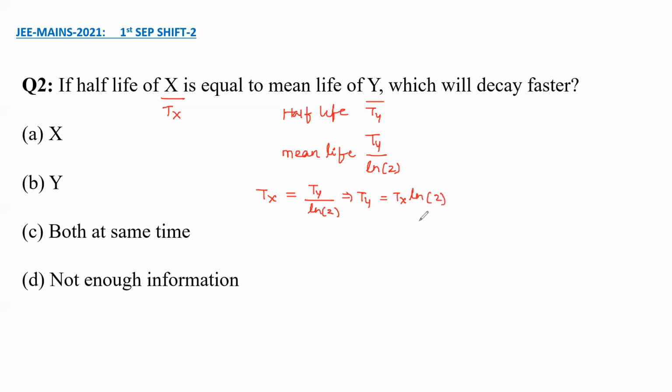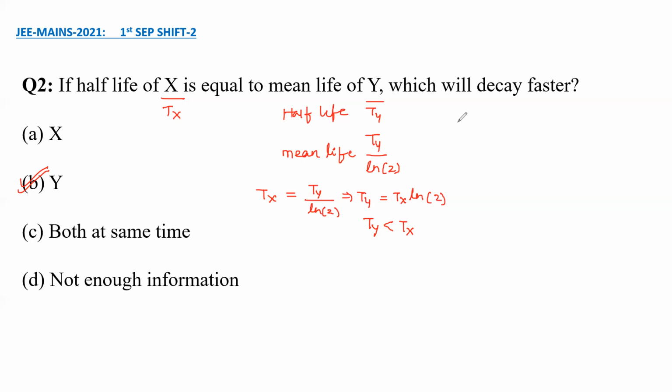ln 2, as you know, is less than 1. So the half-life of Y is less than half-life of X, which means that Y decays faster, because Y can become half in a smaller time compared to X. So that way Y should be the answer, and Y is an appropriate answer actually.